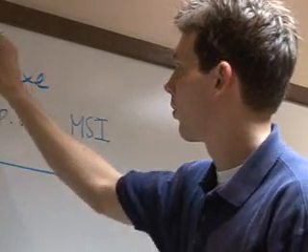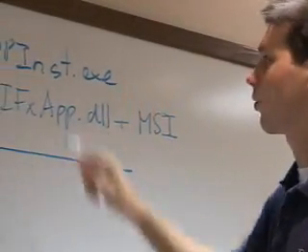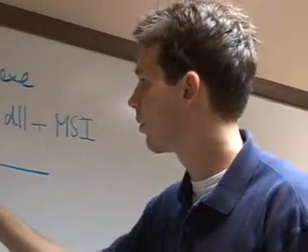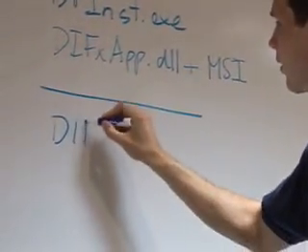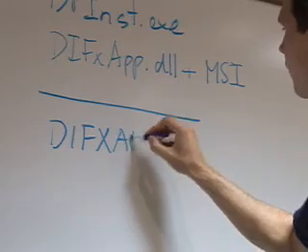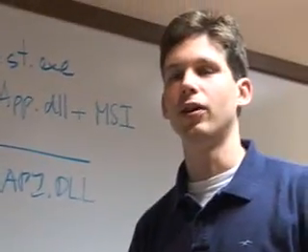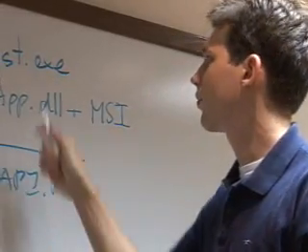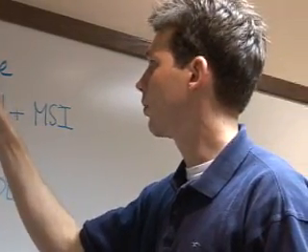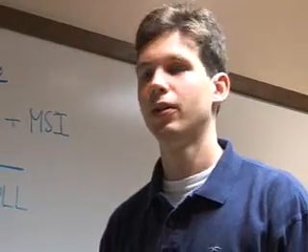On the second level, if those tools are not sufficient to install your drivers, you can use Diffix API, which provides a set of APIs that you can use to install drivers, and those APIs are the same ones that are used by dp-inst and the Diffix app.